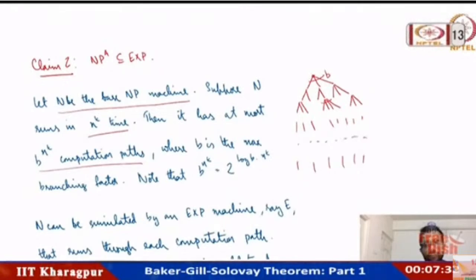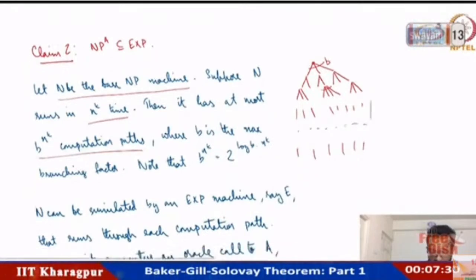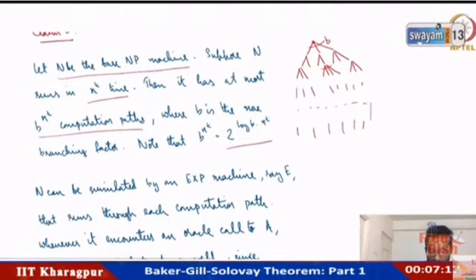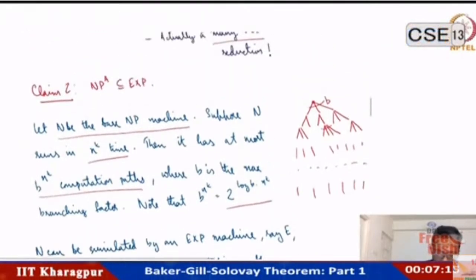And B power n power k can also be written as 2 power log B multiplied by n power k. So that many computation paths are there, right? So all that we need to show is that this is contained in EXP. So consider some language in NP to the A that has to be shown to be contained in EXP.